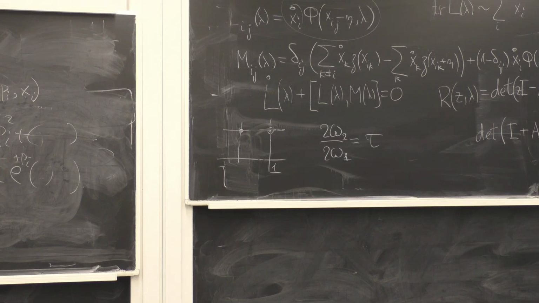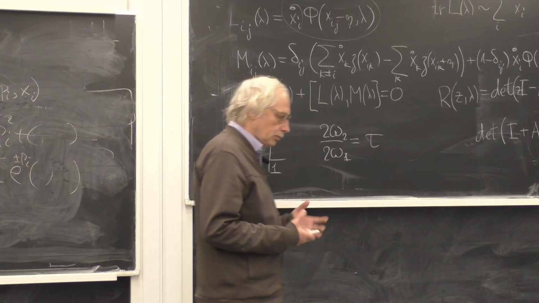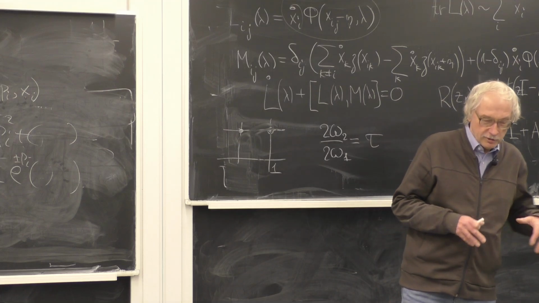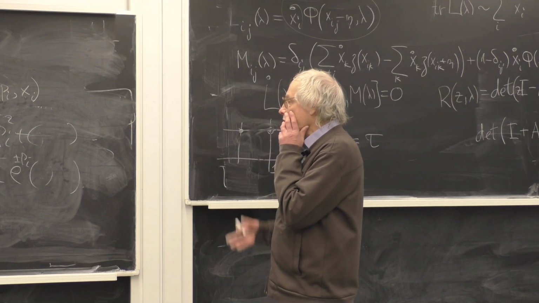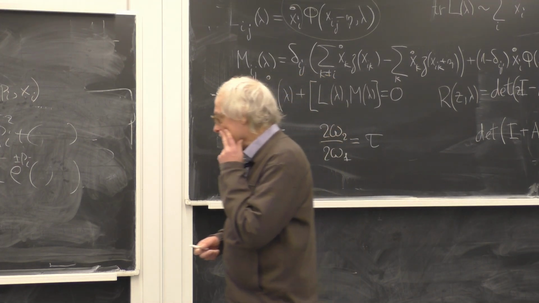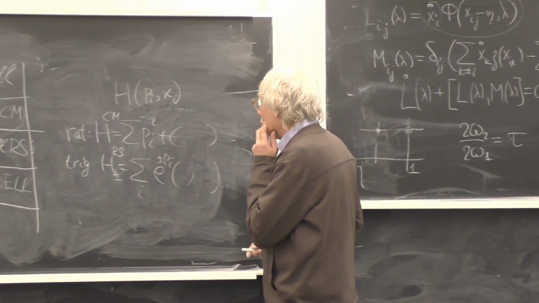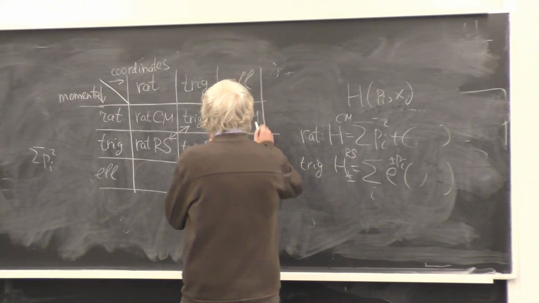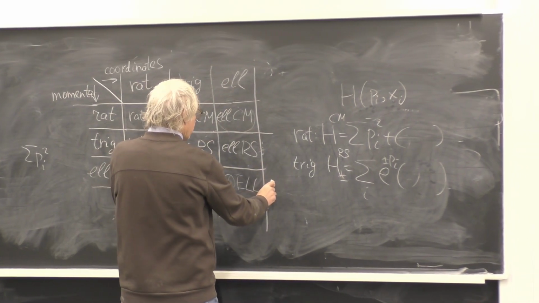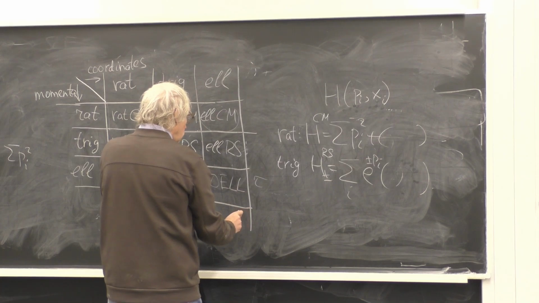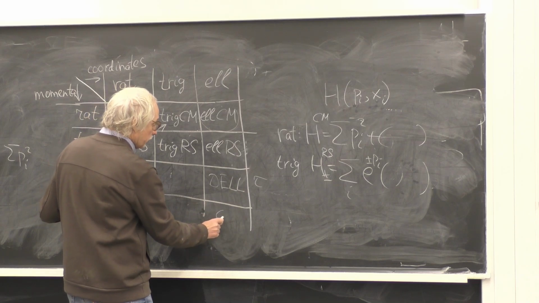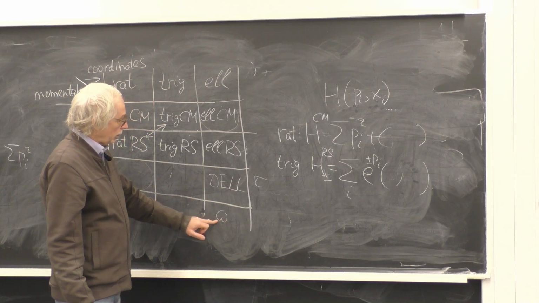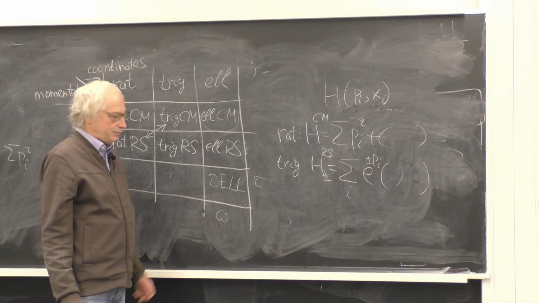Elliptic curves with different tau are not isomorphic. There is no conformal isomorphism between them. So they are essentially different curves. And here we have dependence on coordinates with some tau elliptic modulus and dependence on momenta with some other parameter which is called omega.